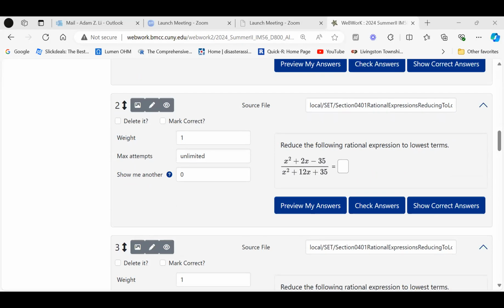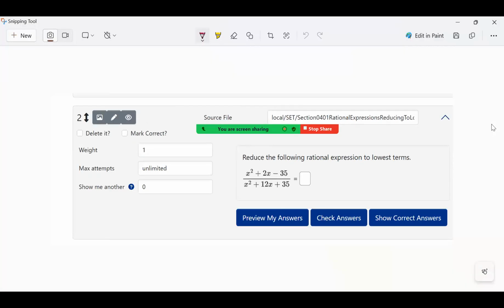And in this question, we have to factor the trinomial, right? Anybody have issues factoring a trinomial? I'm going to show you a method for how to factor this trinomial. The top is a trinomial: x squared plus 2x minus 35.